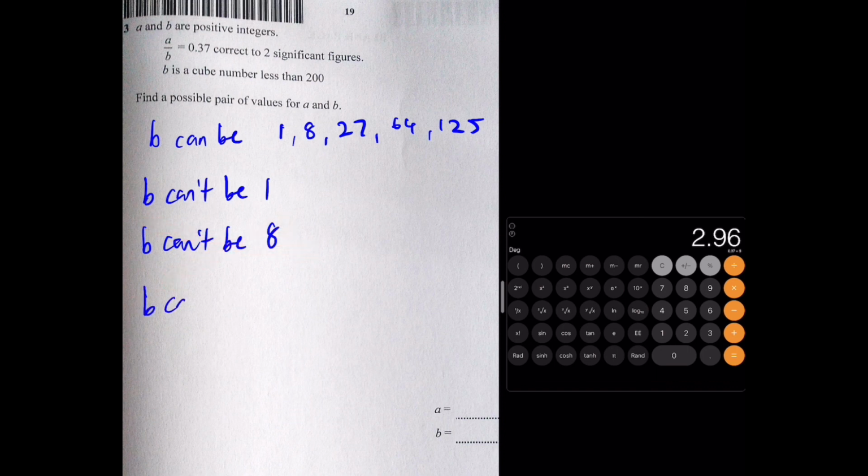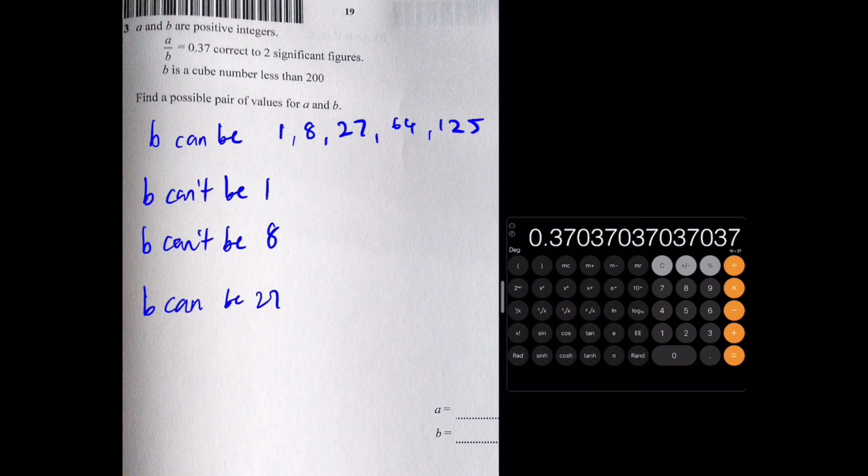And now B can or can't be 27. So we multiply 0.37 times 27, we get 9.99. So well, we round this up to 10 and then divide. So 10 divided by 27, we get 0.370370, and so on.